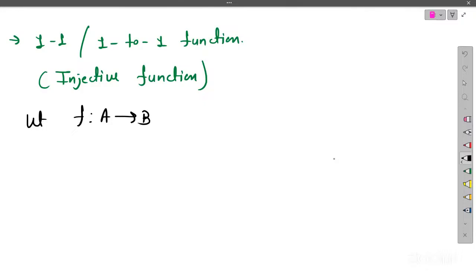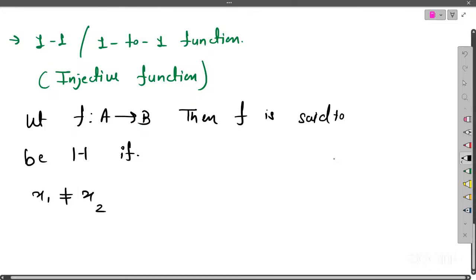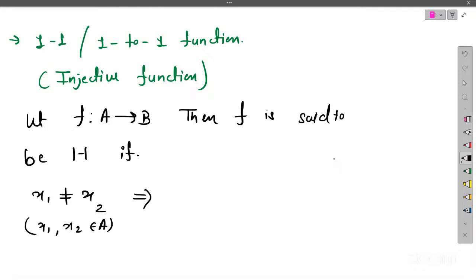Okay, so suppose f is a function from A to B, then f is said to be 1-1, or injective, if for two distinct inputs, that means x1 not equal to x2, and these two are from the input set A, we can surely say that the output values, that means f of x1 and f of x2, are also not equal. Okay, so if this condition happens, then we say that the function is a 1-1 function.